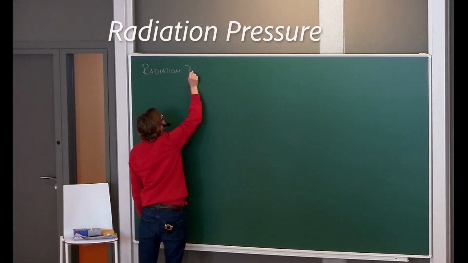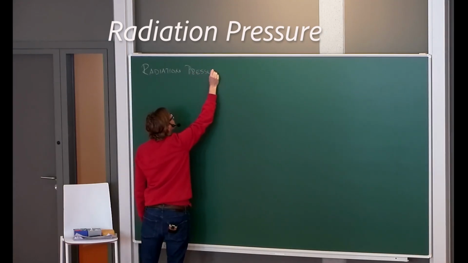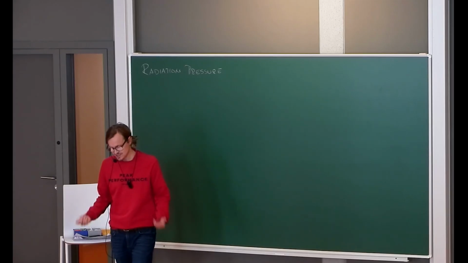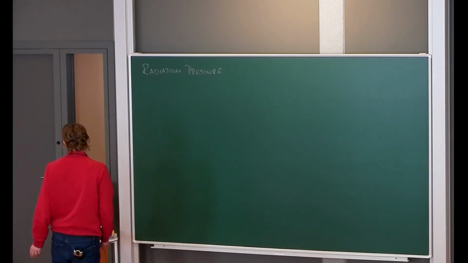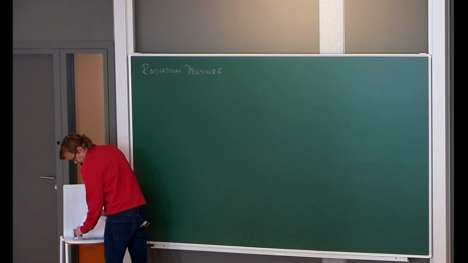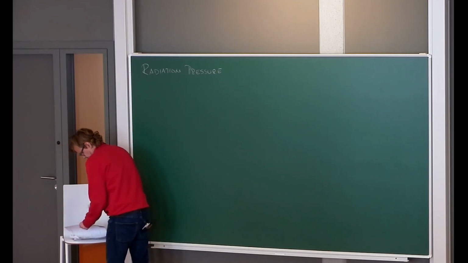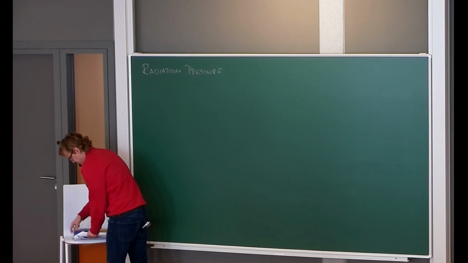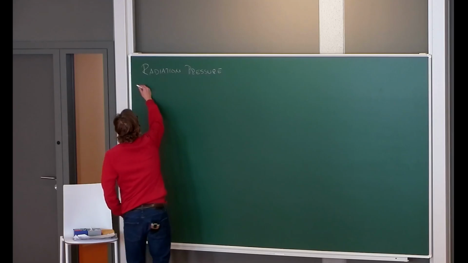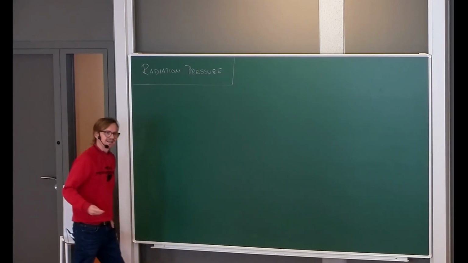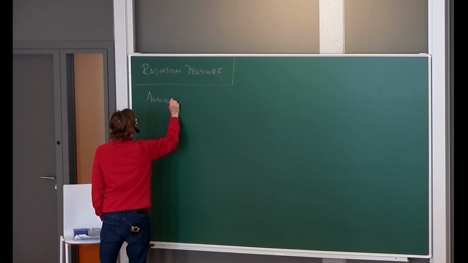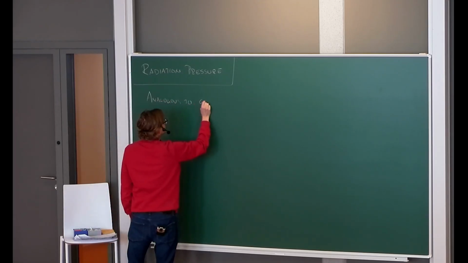The radiation pressure, or in its general form, the radiation energy stress tensor. So, the first thing to realize about radiation pressure is that it's fully analogous to gas pressure.